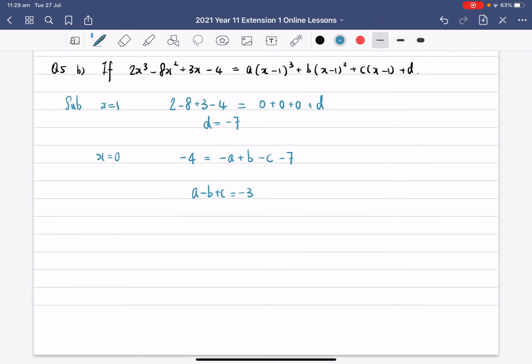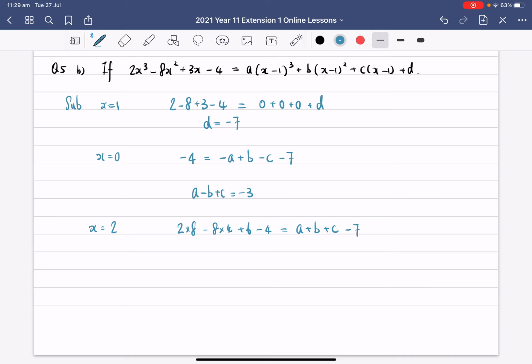The next one, you're going to substitute x equals 2. So if I substitute x equal to 2 inside, that becomes 2 times 8 minus 8 times 4 plus 6 minus 4 is equal to a plus b plus c minus 7.